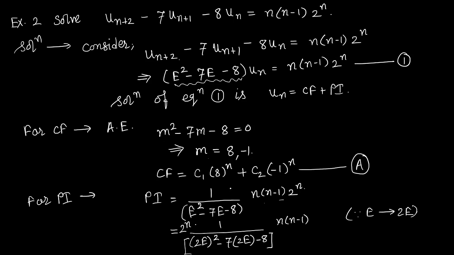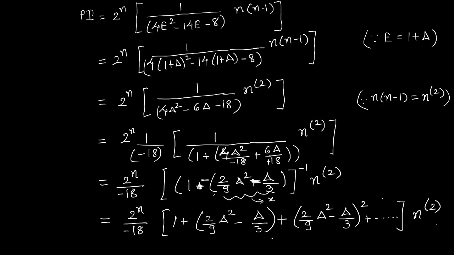Therefore, apply case 1 for writing CF. Then for PI, here n into n minus 1, this whole value we consider as n to the power p, that means polynomial. 2 to the power n, that means here this is the a to the power n value. We write this value outside the bracket, and E is replaced by 2E because the value of a equal to 2. And then simplify this.